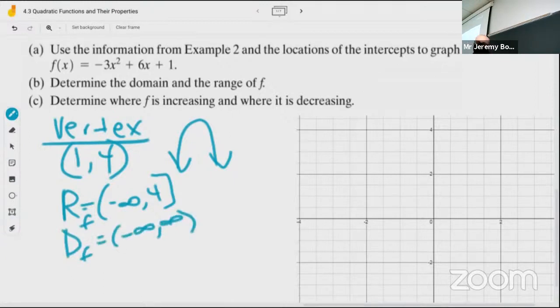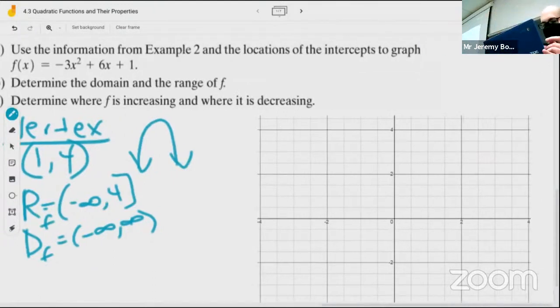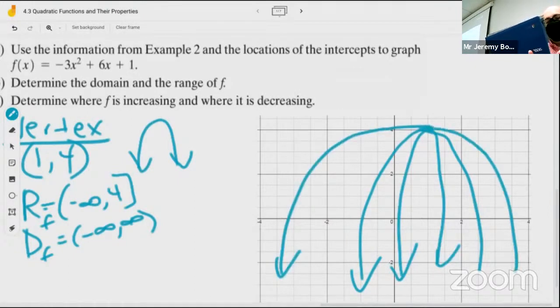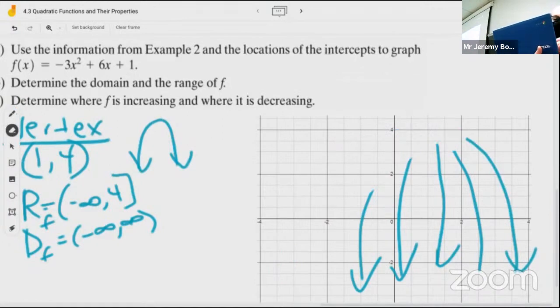Now, if we want to graph this, we can graph a point and we know the shape, but it doesn't give us enough information, right? If I plot 1, 4, my graph could look like this, my graph could look like this, my graph could look like this. I don't really know.